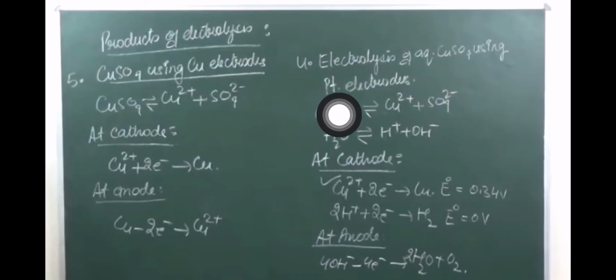If it is Pt, that is aqueous CuSO4, then this reaction will take place. And if it is copper electrodes and normal CuSO4, then this formation will take place. All 5 products of electrolysis are very important, and many short questions can be created out of this. So you can go through all these things.